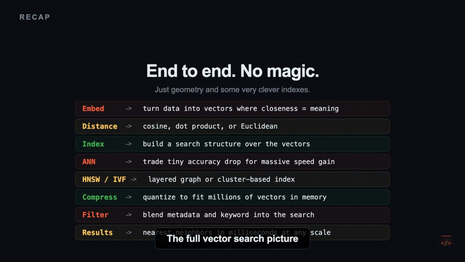HNSW navigates a layered graph, IVF searches only the nearest clusters, and quantization compresses the vectors to fit in memory. Add filters and keyword hybrid search, and you have a system that finds the right needle in millions in milliseconds. No magic, just geometry and some very clever indexes.